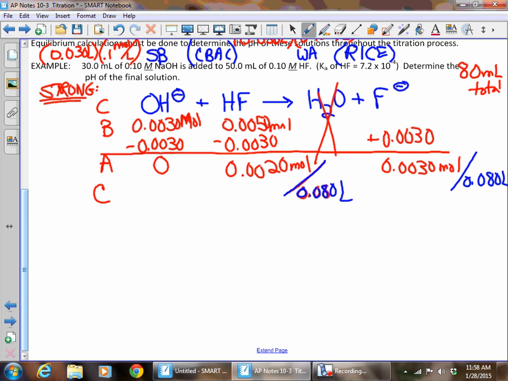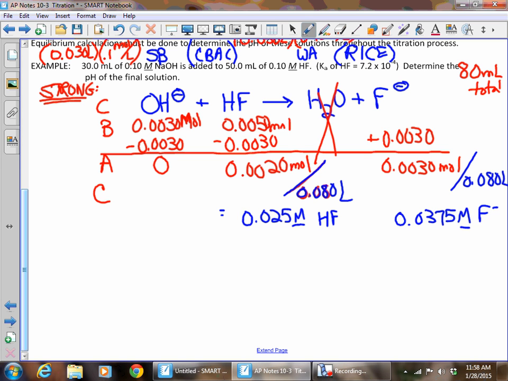And when I do, I end up with 0.025 molar for my HF and 0.0375 molar for my F minus. So that takes care of the CBAT part.